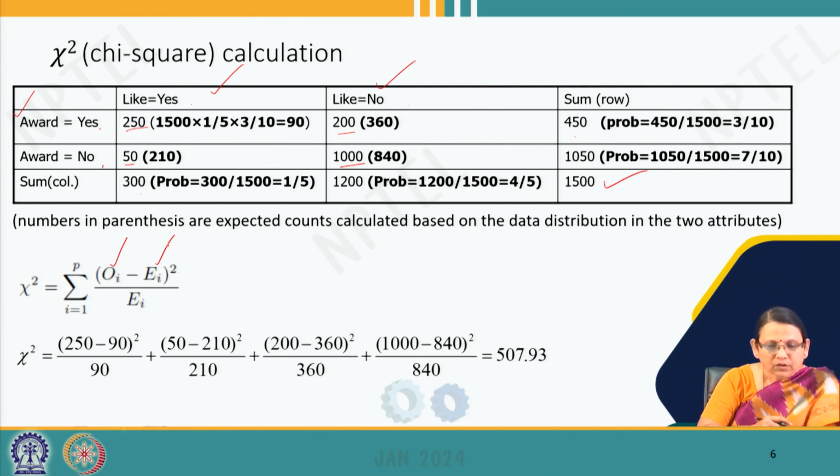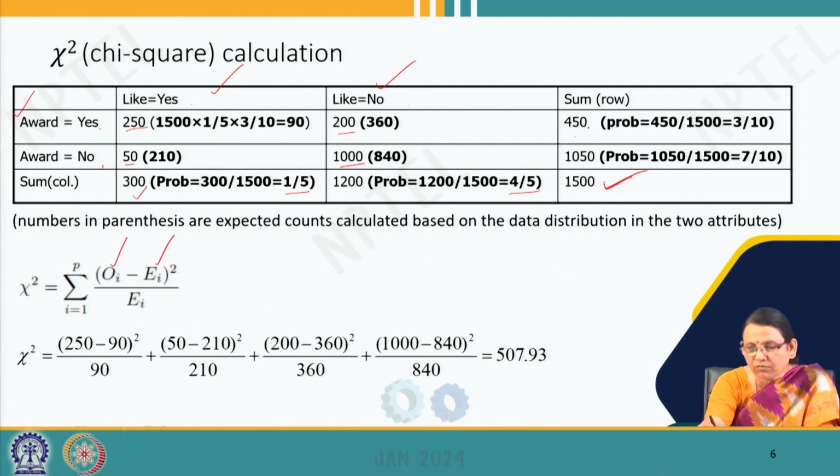If we have a total of 1500 observations and 300 are where like is equal to yes, the probability of getting this is 1 by 5. Similarly, the probability of getting no is 4 by 5. These probabilities add up to 1.